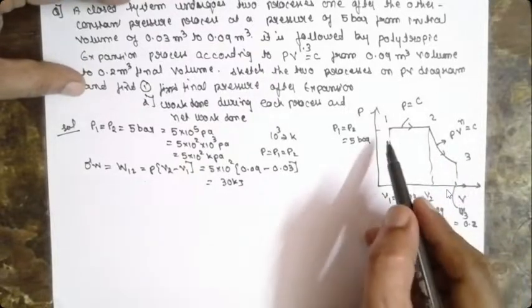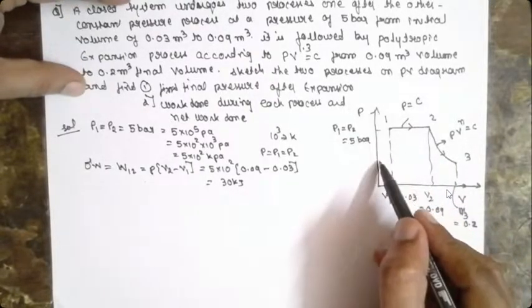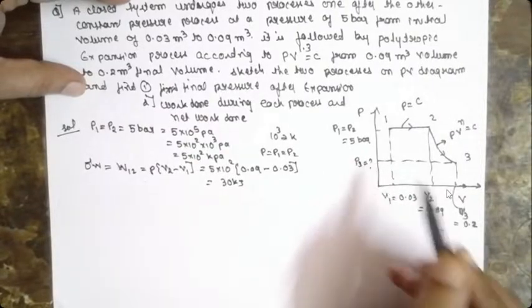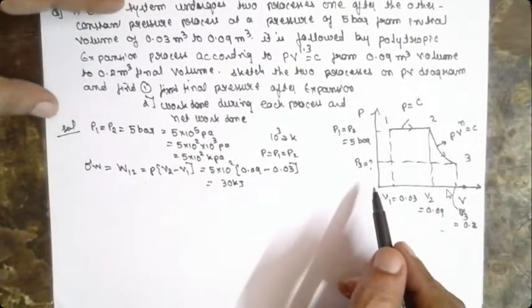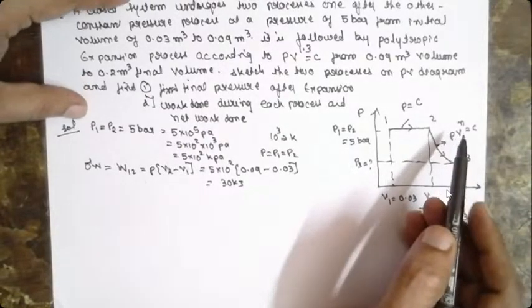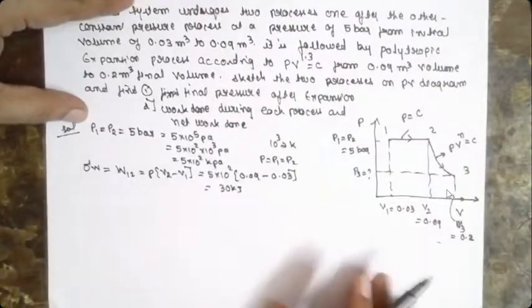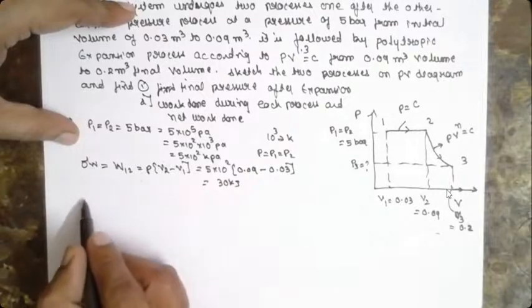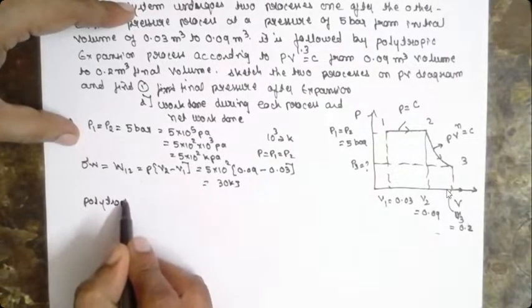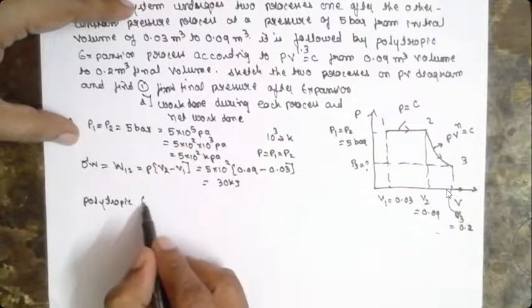Now we need to find out the work done with respect to polytropic process. We know P1 value, P2 value. We don't know P3 value. P3 is question mark, they have not given it. We need to find out. Polytropic expansion they have given.